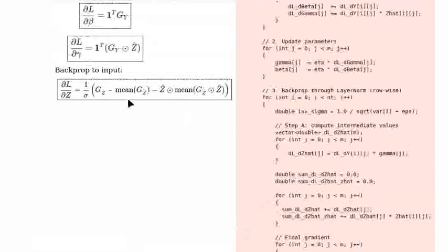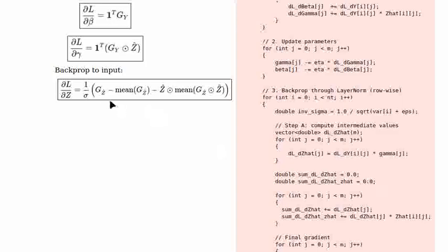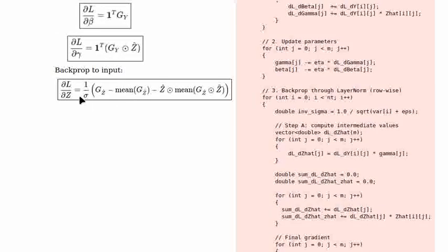So this mean and this mean, over m, okay. And we multiply this by ĉ, and also inverse sigma. So this is a strict implementation, nothing tricky. 1 divided by m is to take the mean.